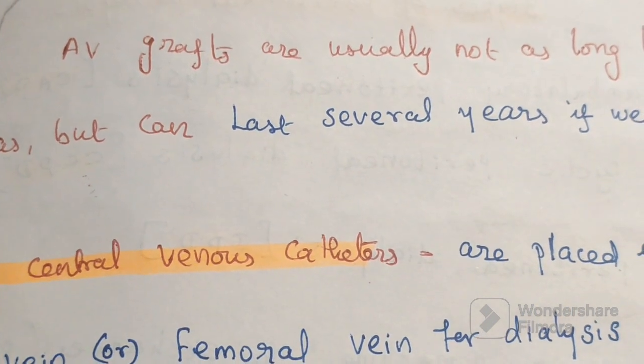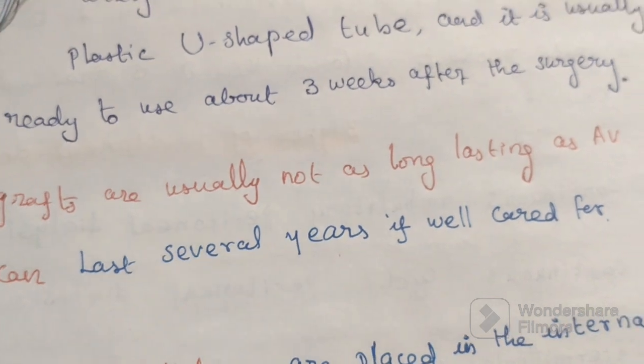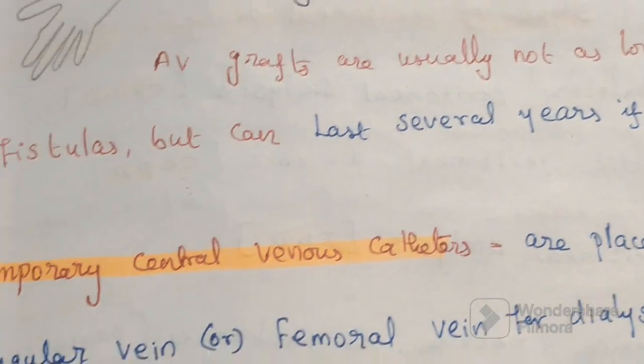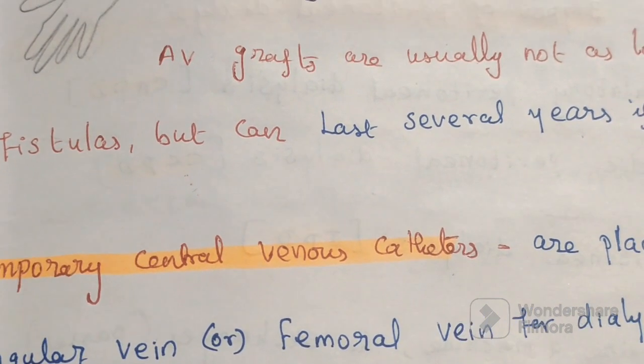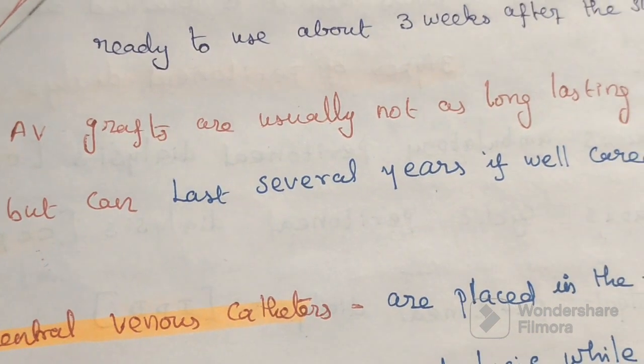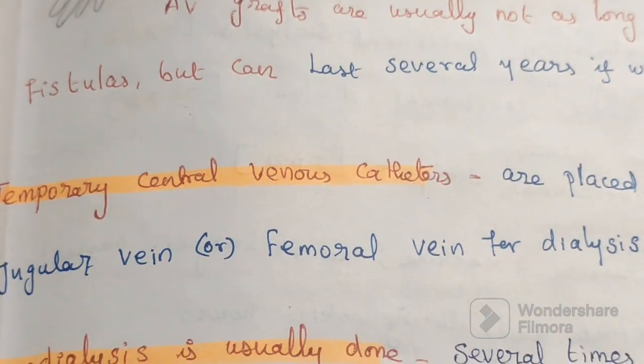These arteriovenous grafts usually do not last as long as an AV fistula, but a fistula can last several years if well cared for.